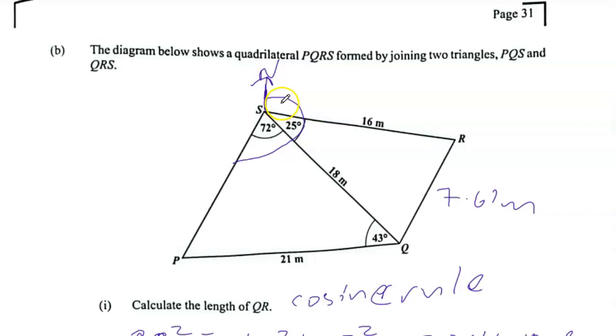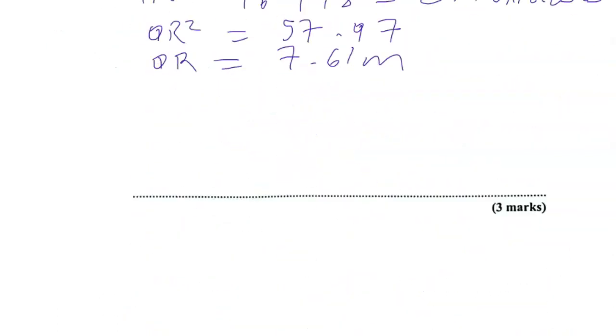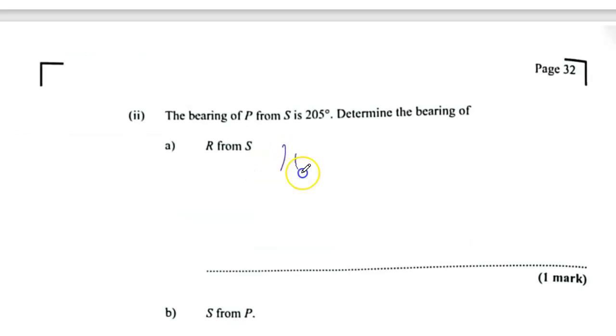So the answer to this question, the bearing of R from S, this angle, called theta, would be 205 minus the 72 minus the 25, and that should give us 108 degrees. So this angle should be 108 degrees. The bearing of R from S. From S means from the north of S.